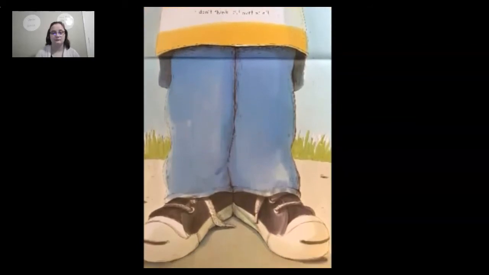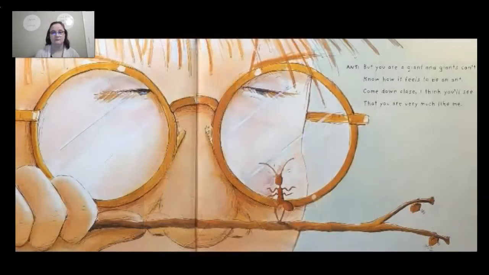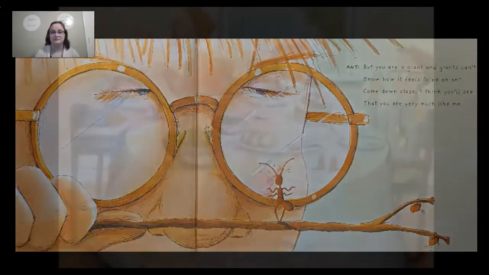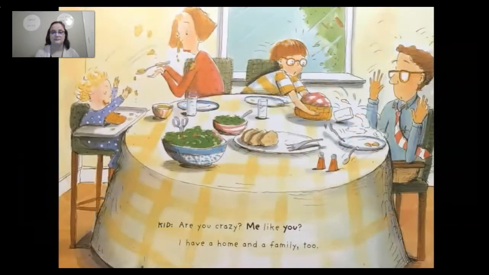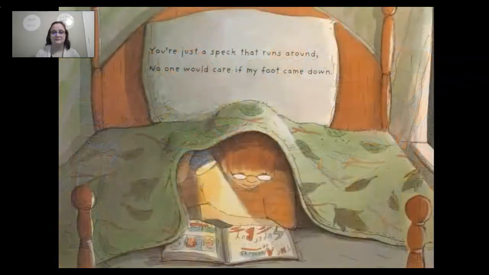I don't think it'll hurt at all. Ant: But you are a giant, and giants can't know how it feels to be an ant. Come down close, I think you'll see that you are very much like me. Kid: Are you crazy? Me? Like you? I have a home and a family too. You're just a speck that runs around. No one would care if my foot came down.